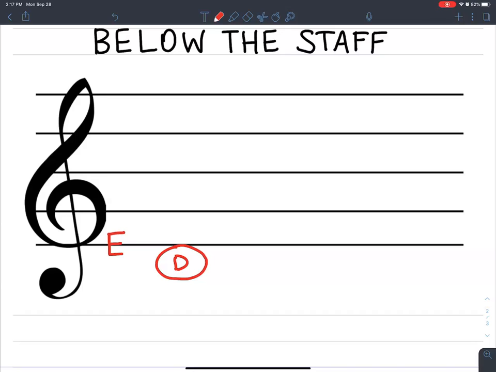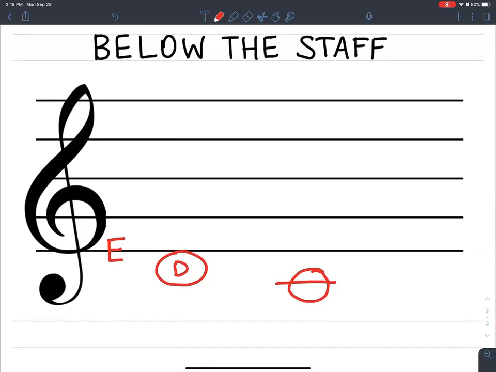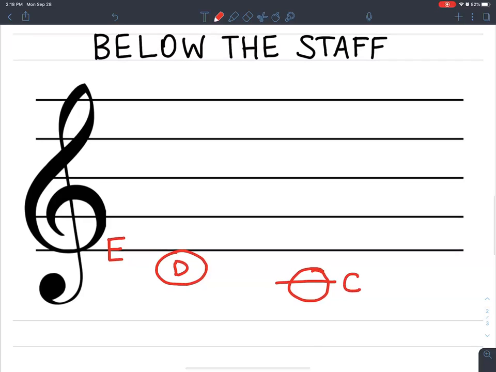Then, even below that, think about what comes before the letter D in the alphabet. Down here, below the staff, kind of on a little imaginary line that's going to float underneath the staff, is going to be C. Okay, and this is a special C. This C is actually called middle C, and it's called middle C for a couple of reasons.